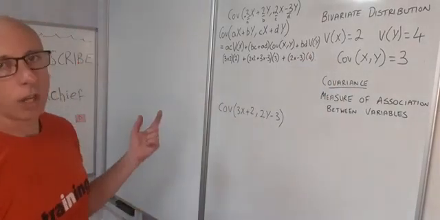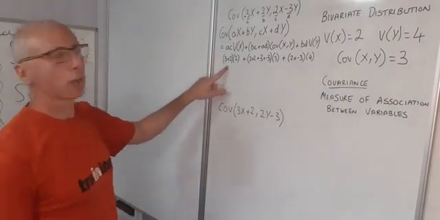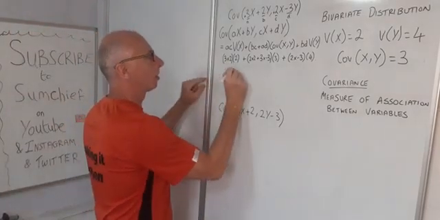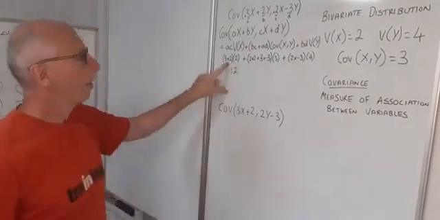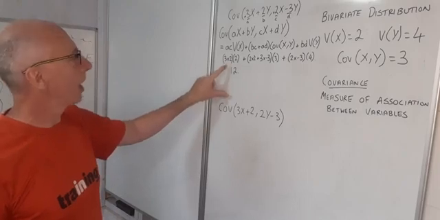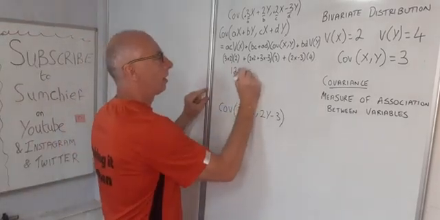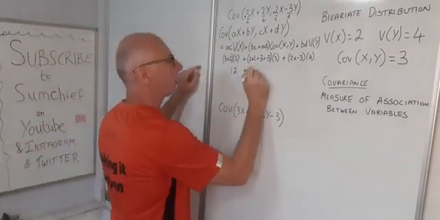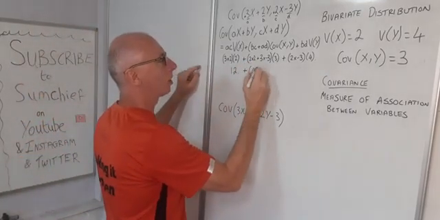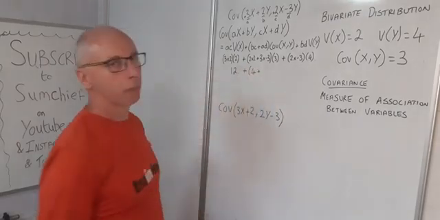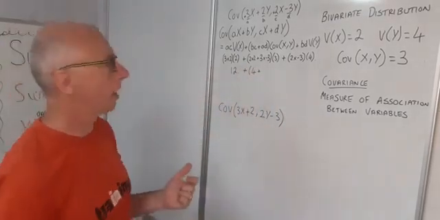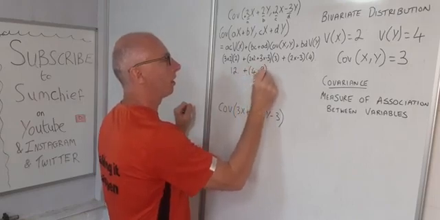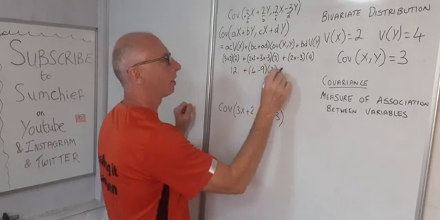Okay, let's go one step at a time. 3 times 2 is 6, and then 6 times 2 is 12. That's correct, just double-checking that. Then here we've got 2 times 2, which is 4, plus 3 times minus 3, which is minus 9, so I'm going to change this plus to a minus, and then multiply that by 3.